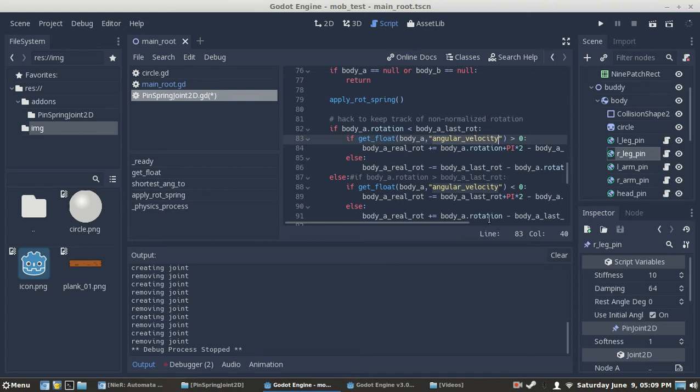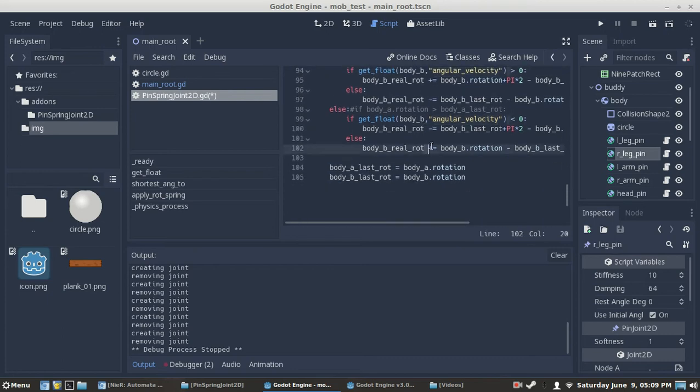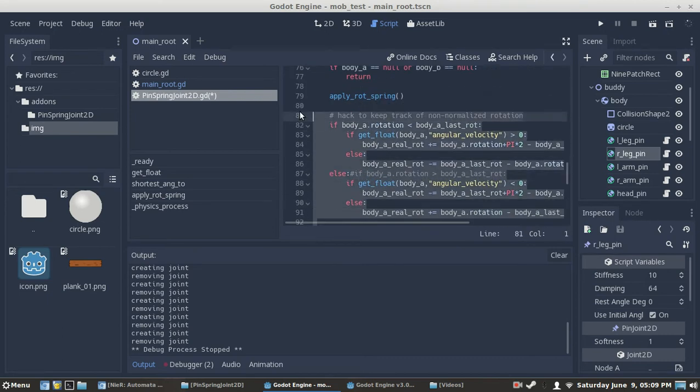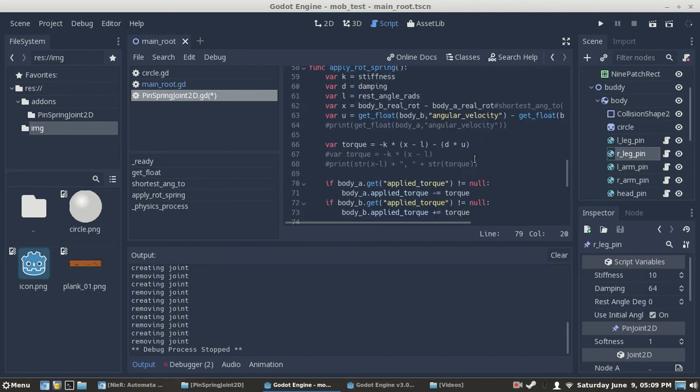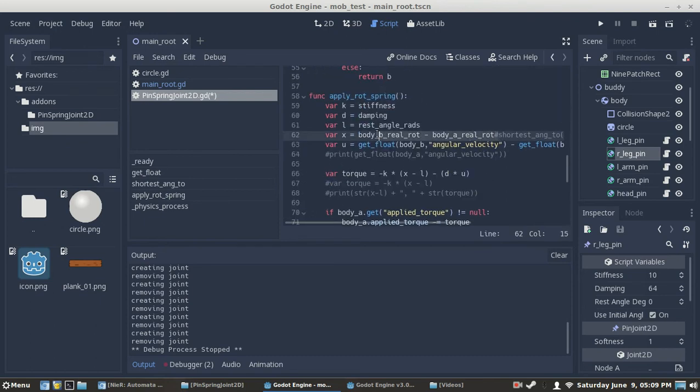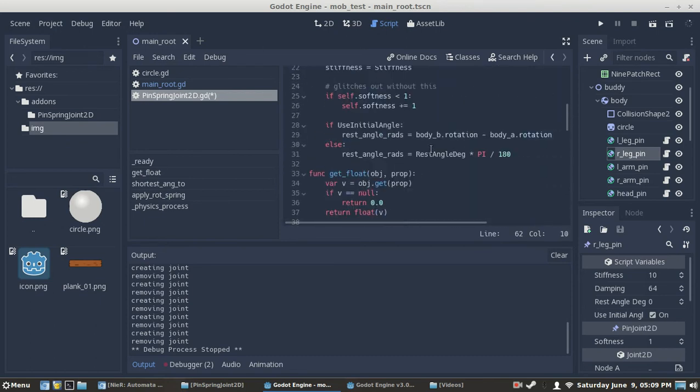Pi plus 1 would become negative pi plus 1, because Godot keeps all rotations between negative pi and pi. This is not really needed. I can just do shortest angle.